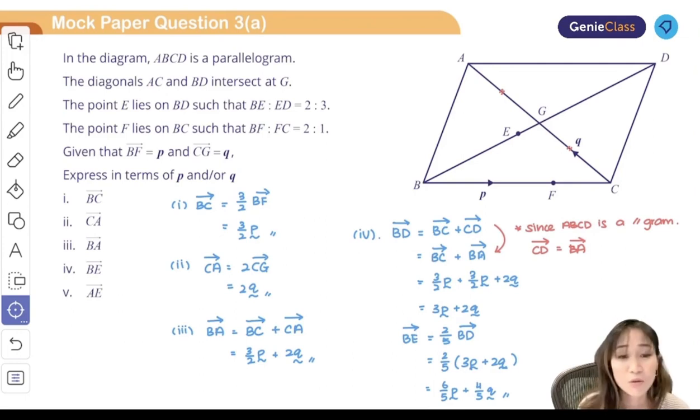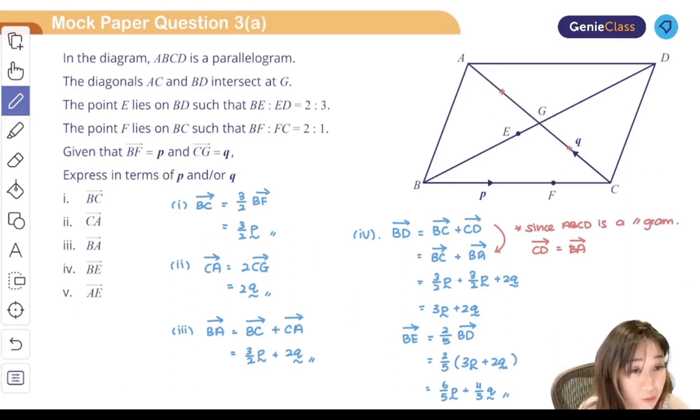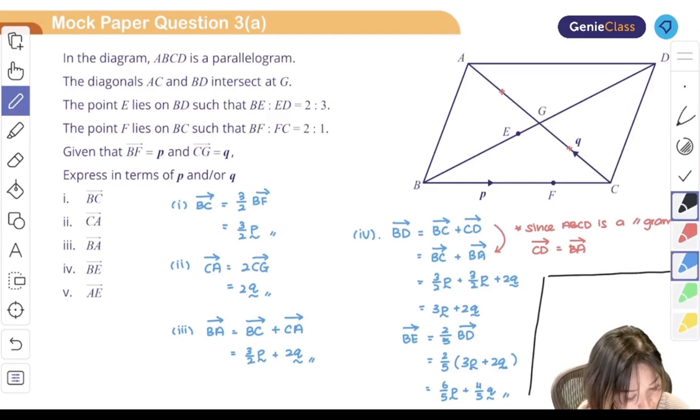So now that we found BE, we can do part 5. Let me think about where I have space. I will write above my head. If at any point you guys cannot see, let me know. So I'll draw this line, and part 5, let's go.